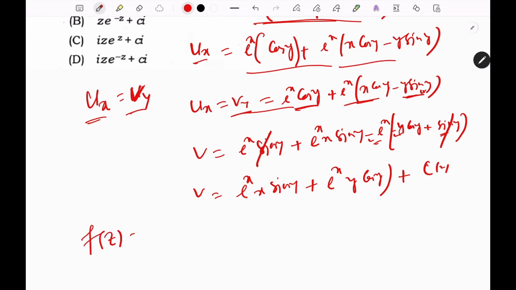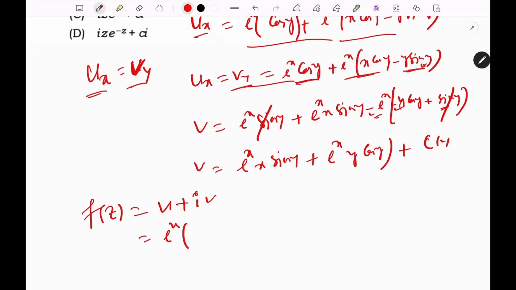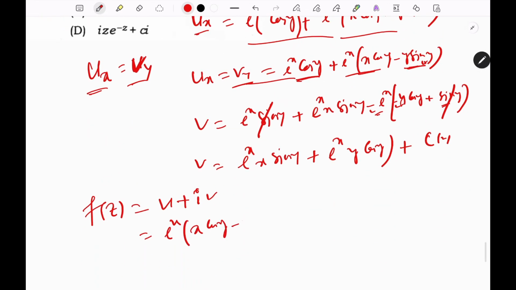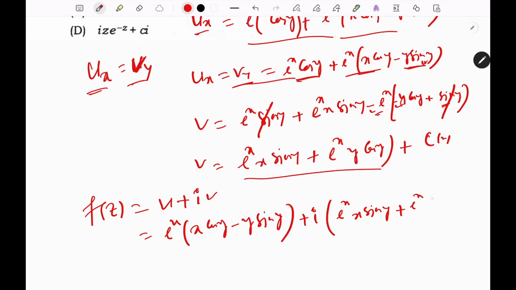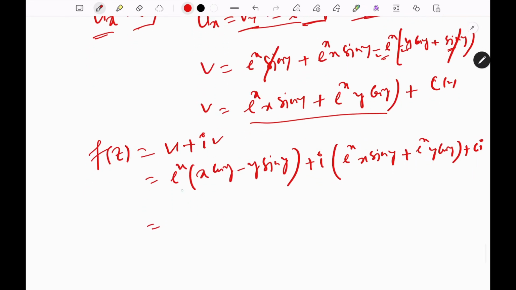So f of z is u plus i v, and we have u and v. u is e to the power x (x cos y minus y sin y), plus i times v, which is e to the power x sin y plus e to the power x y cos y plus c i. Now from these two terms I can take e to the power x and x common, so cos y plus i sin y.